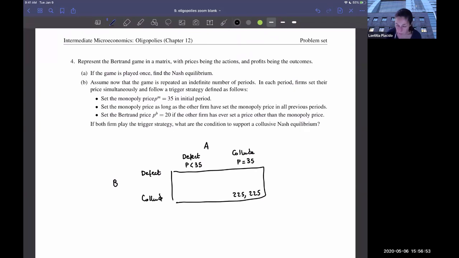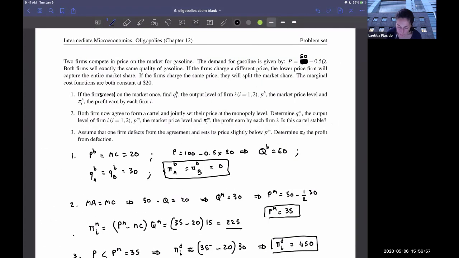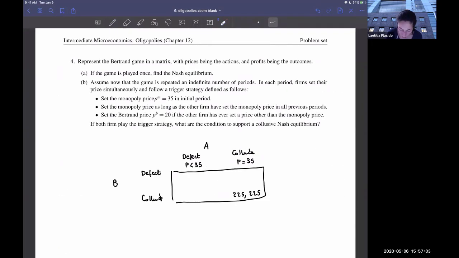If both firms defect, which means they are playing the Bertrand game, then they both get a profit equal to 0. Okay, so that's the Bertrand outcome. Now let's say firm B defects and firm A sticks to the collusion.